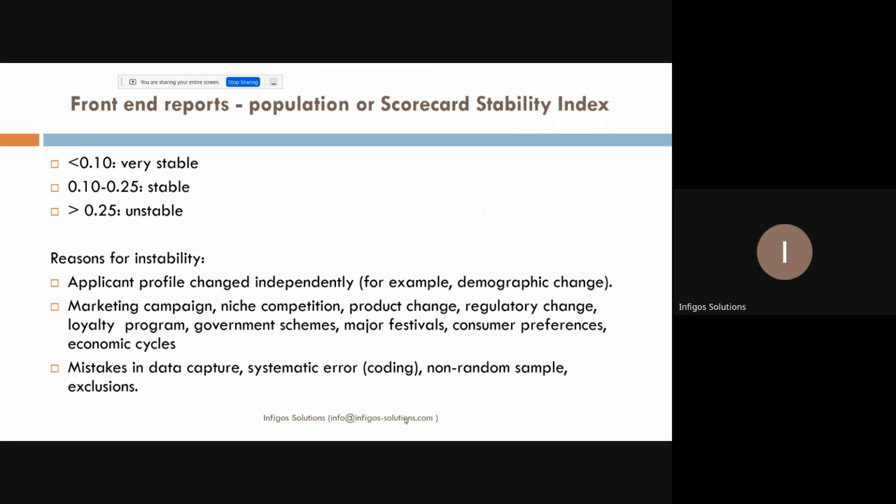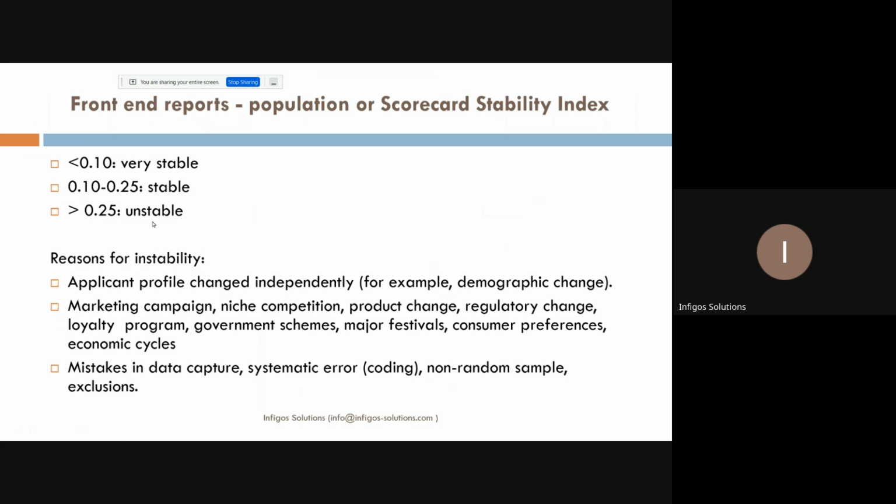And this is the criteria. Based on this criteria, our model is a stable model, because we got a 0.18 value. If you're getting a value over 0.25, in that case you need to rethink whether the model is good or not.